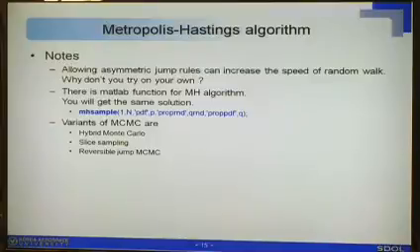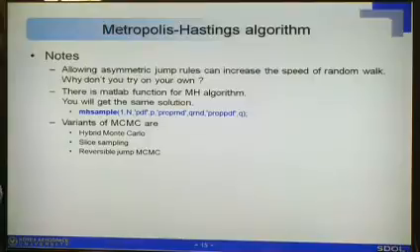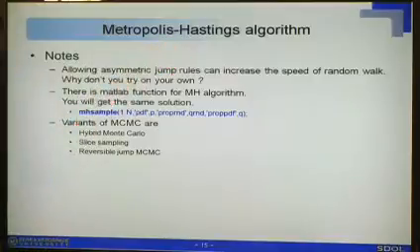So another one that I have to mention here is I always introduced you about the Metropolis algorithm only. In case of Metropolis-Hastings, remember, we have a more complex ratio.